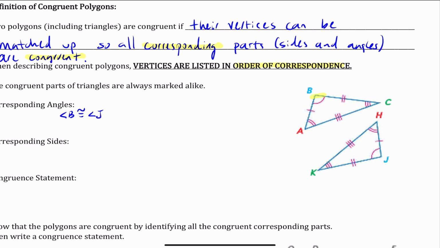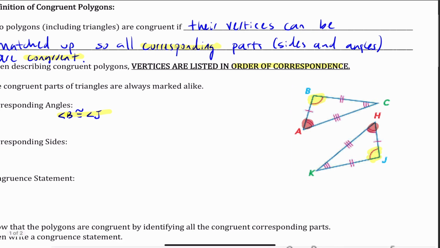Okay? So I'm going to go ahead and highlight that so you can see. And then the next thing is I see two arcs here, two arcs there.